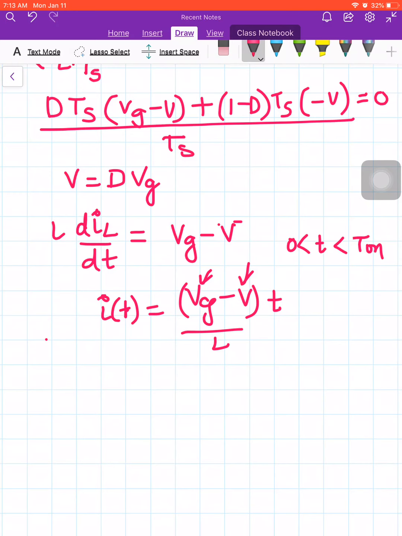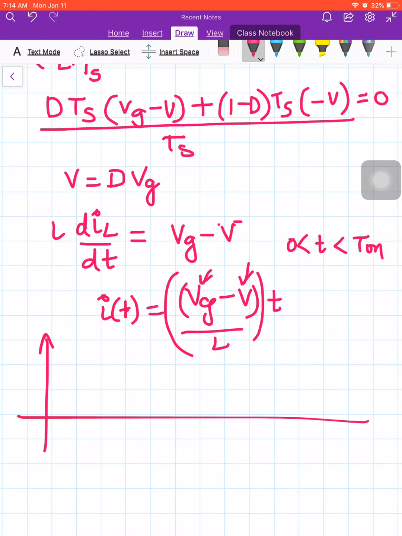So we have the inductor current rising with this slope when it is turned on. It is rising with a slope of Vg minus V by L.